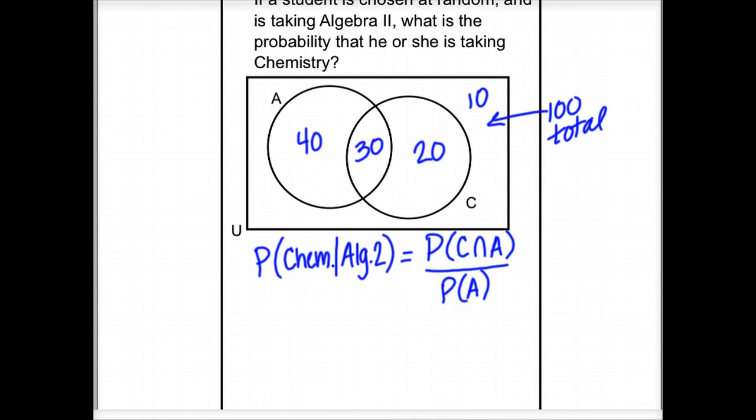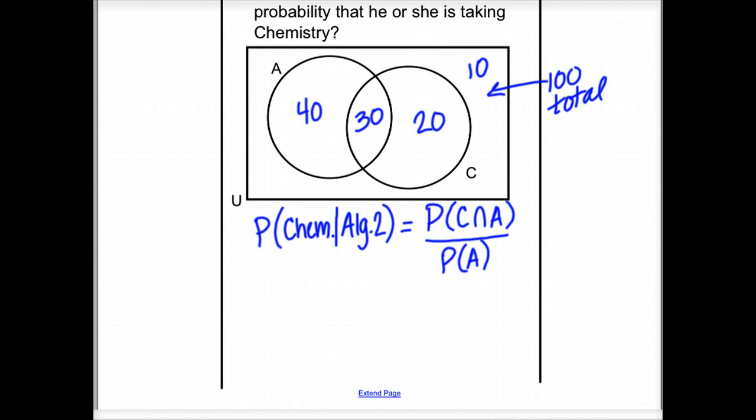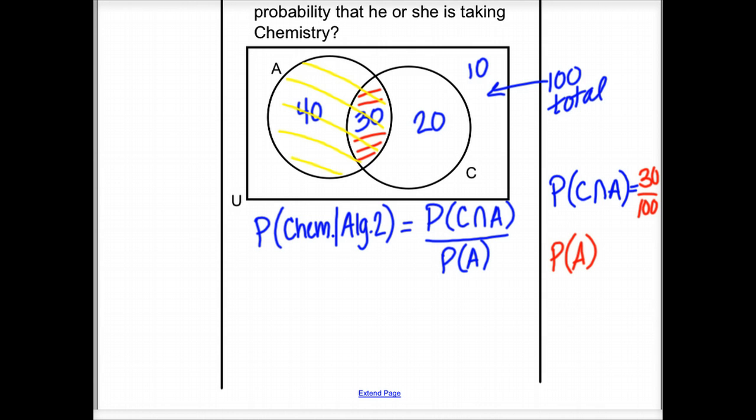So looking at this, the probability of chemistry and Alg 2 occurring is this right here, which is 30 out of the 100 students. The probability for Alg 2 is going to be all of this in the big circle. So we have here 40 plus 30 over 100, so that means 70 out of 100 are taking Alg 2.